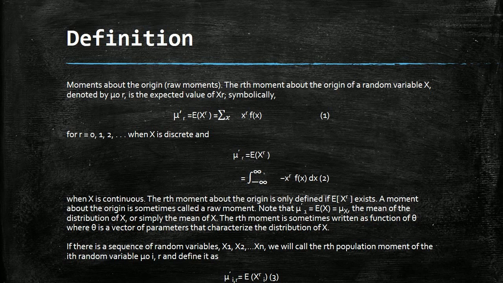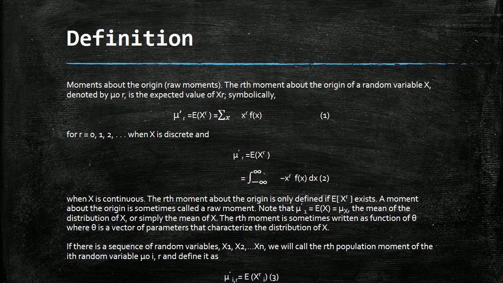Symbolically, μ'_r = E(X^r) = Σ x^r f(x) for r = 0, 1, 2, ... when X is discrete, and μ'_r = E(X^r) = ∫ x^r f(x) dx when X is continuous. The rth moment about the origin is only defined if E(X^r) exists. A moment about the origin is sometimes called a raw moment.